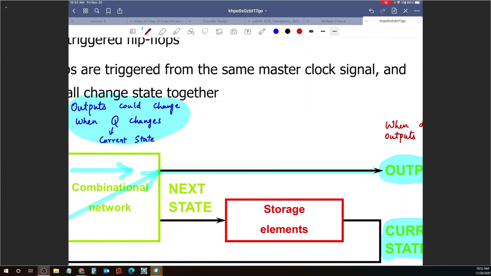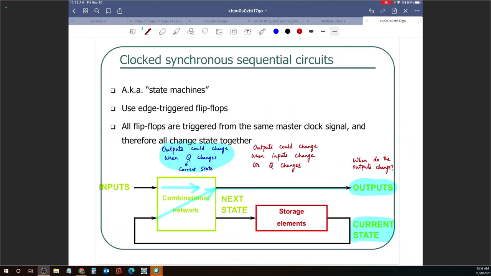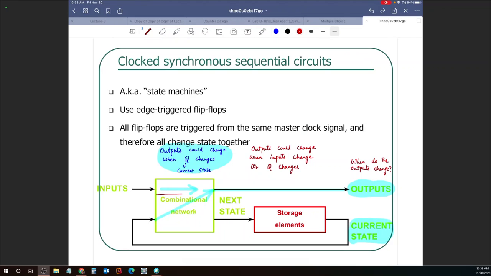Outputs could change when inputs change or Q changes. Both this as well as that could contribute. Let me highlight this in green, for example. So those are the two possibilities here, right?